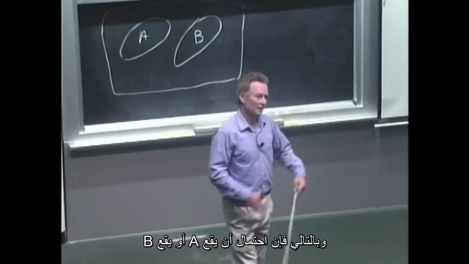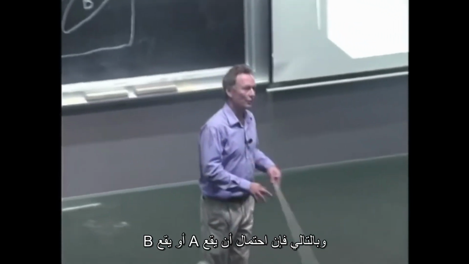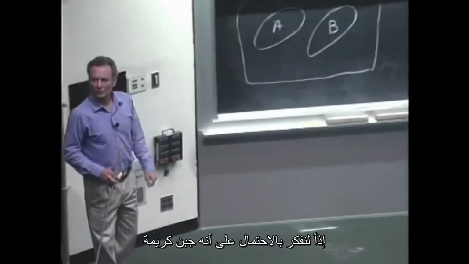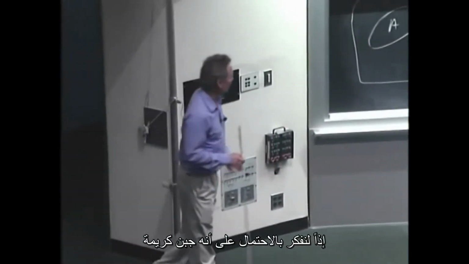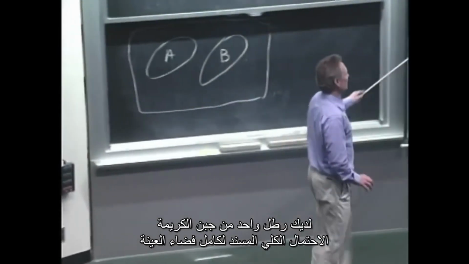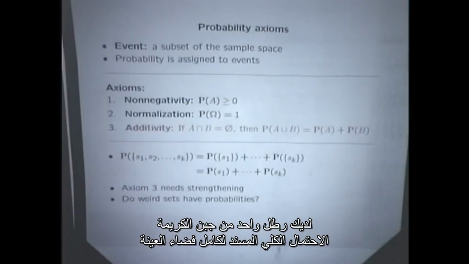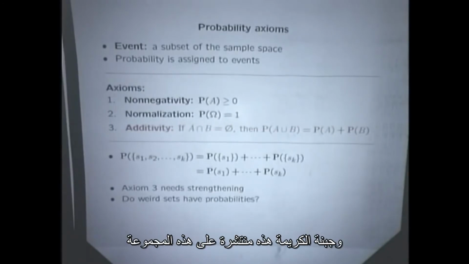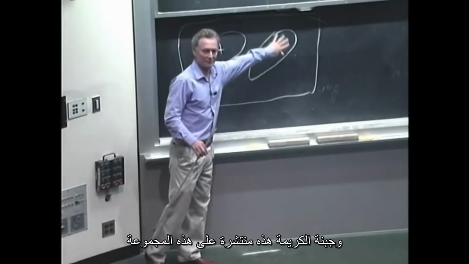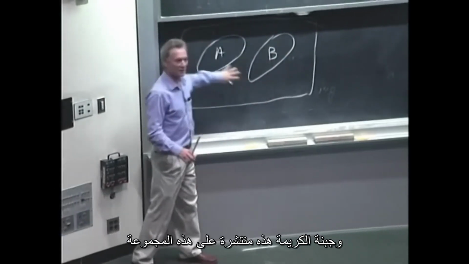So the probability that A occurs or B occurs is equal to the probability that A occurs plus the probability that B occurs. So think of probability as being cream cheese. You have 1 pound of cream cheese, the total probability assigned to the entire sample space, and that cream cheese is spread out over this set.